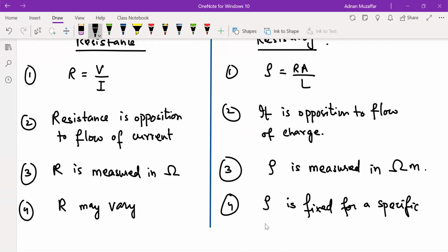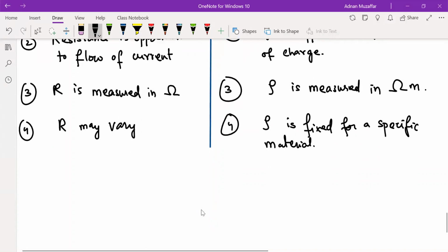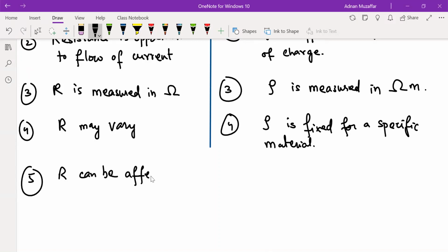Exactly. So you can say that R can be affected by temperature. Very important point, Ali.